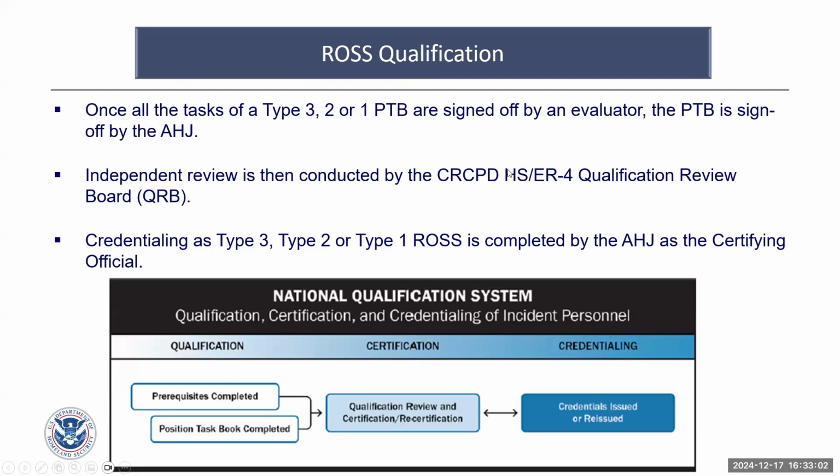And an independent review is conducted by the CRCPD QRB, Qualification Review Board. And with their review, they recommend to the AHJ that that individual could be certified. And that's what the AHJ is designated as, the certifying official to actually issue credentials.